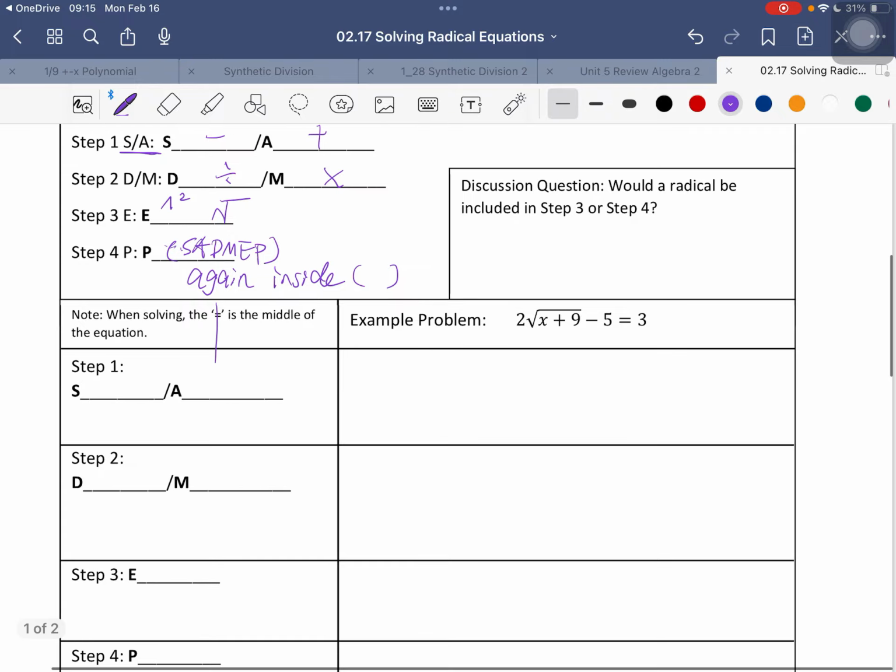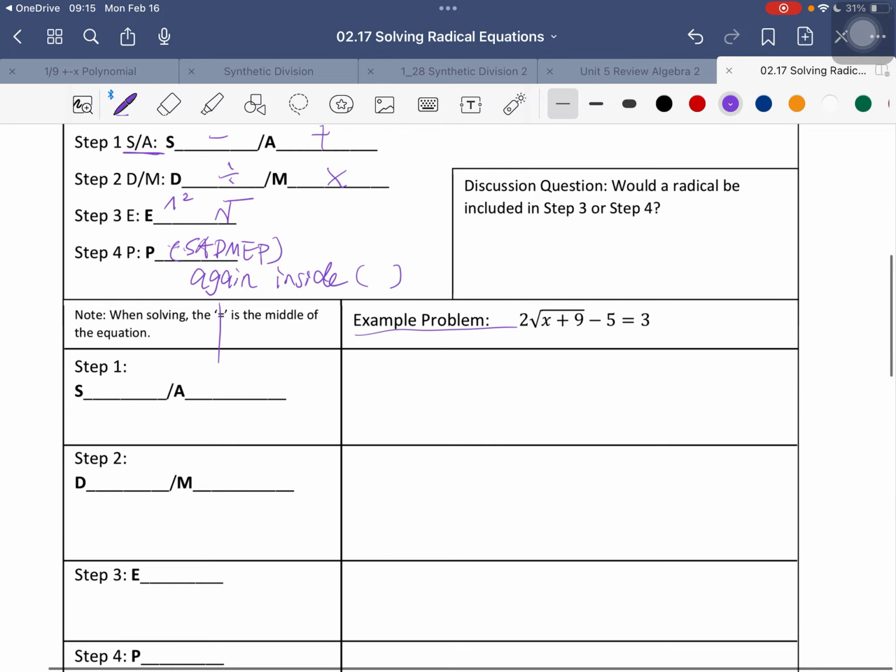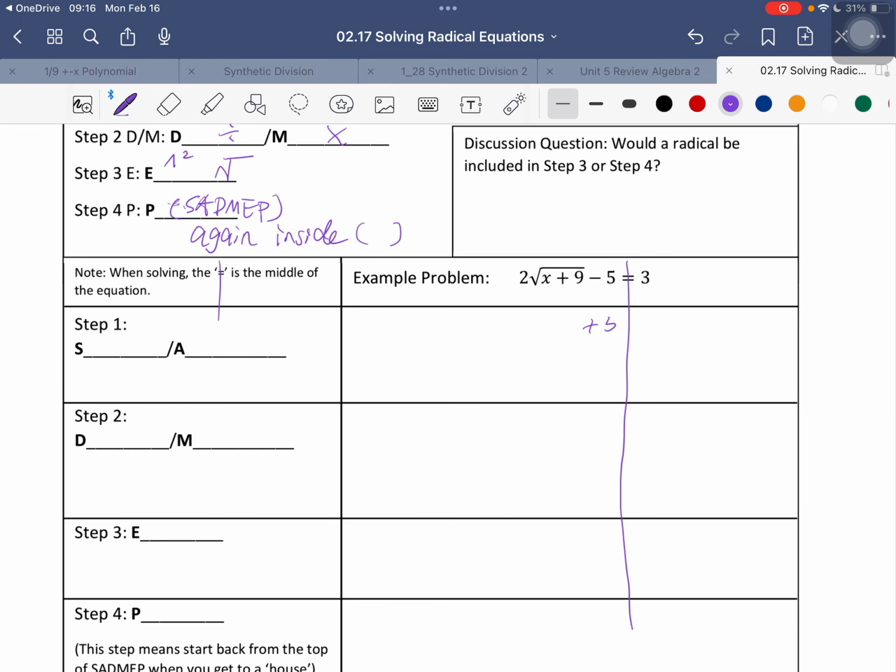So let's do the example problem together. First step, remove subtraction or addition. I see the backyard is minus 5, so I need to plus 5 on both sides. So once I put plus 5, negative 5 and positive 5 cancel out.